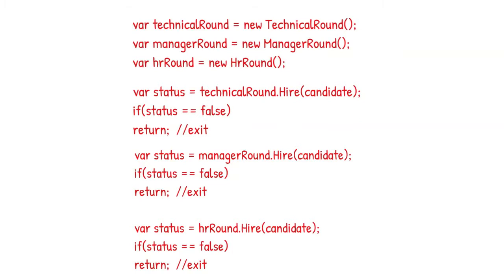Even after executing hire of the technical round, there might be some other code which appears before the actual managerial round is executed. Note that all of these steps must be executed immediately as soon as the previous step completes.